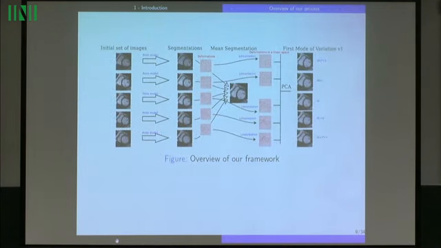So in this work, what we want to do is that we have a set of initial images here, and we want to have a segmentation of each one of them based on the Potts model. And we also want to retrieve a mean segmentation and the deformation between each segmentation and this mean image.